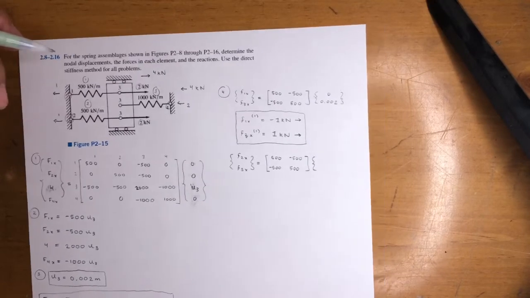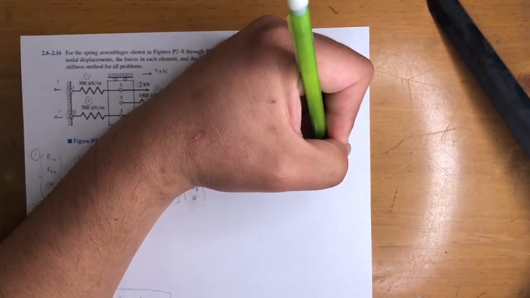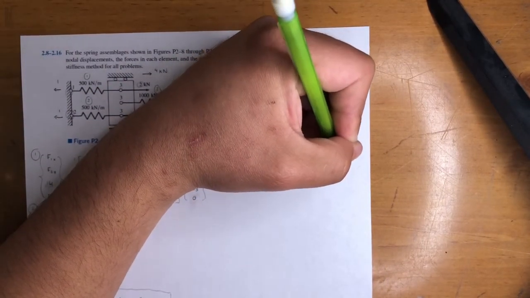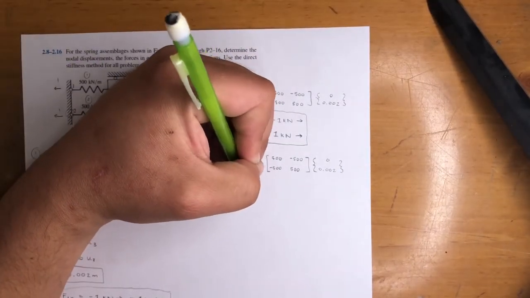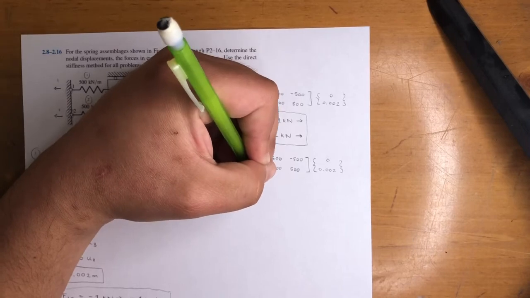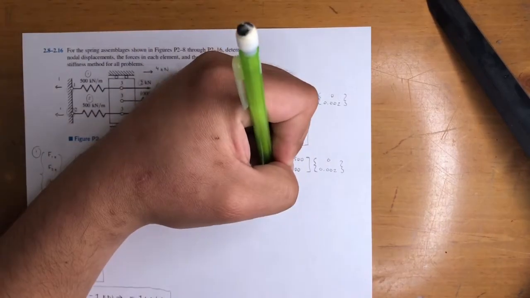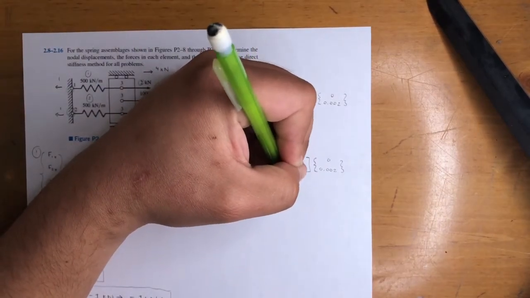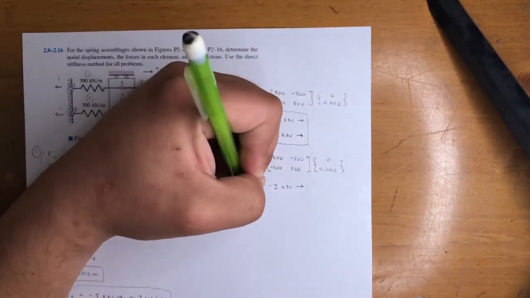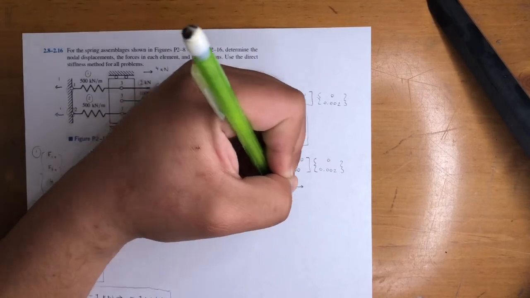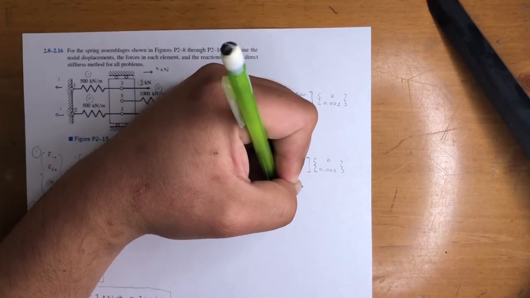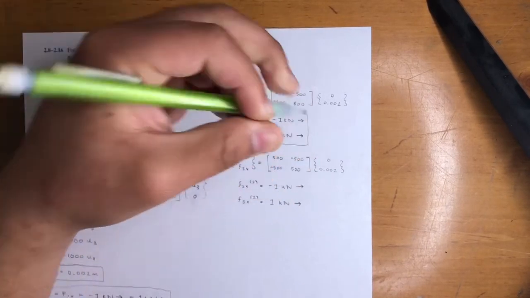So same thing, 0.002 and 0. Okay, so F2x of element 2 is equal to negative 1 kilonewton, always to the right. F3x of element 2 is equal to 1 kilonewton to the right.